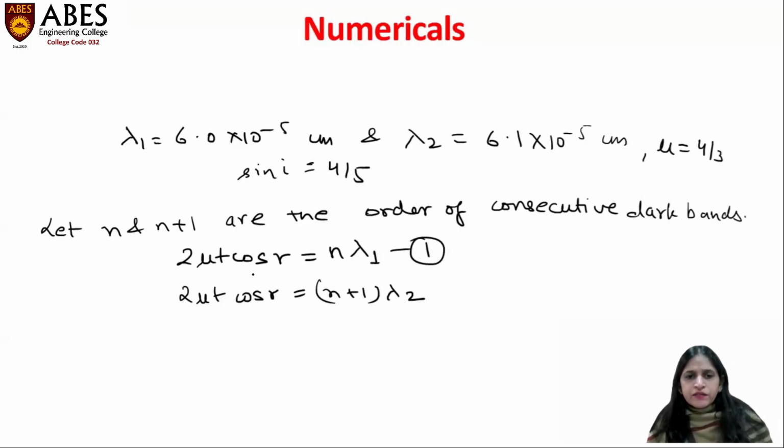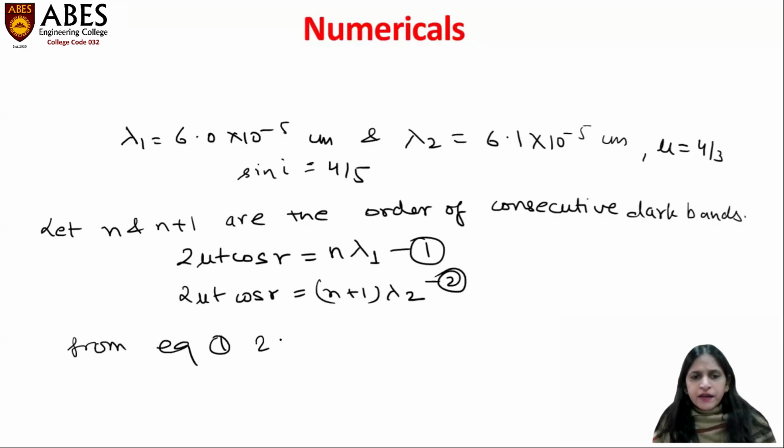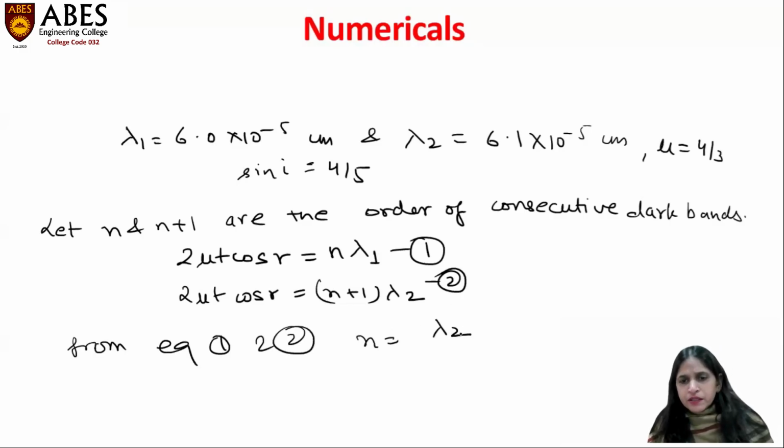When we solve equations 1 and 2 for the value of n, we get n equals lambda 2 upon lambda 1 minus lambda 2.